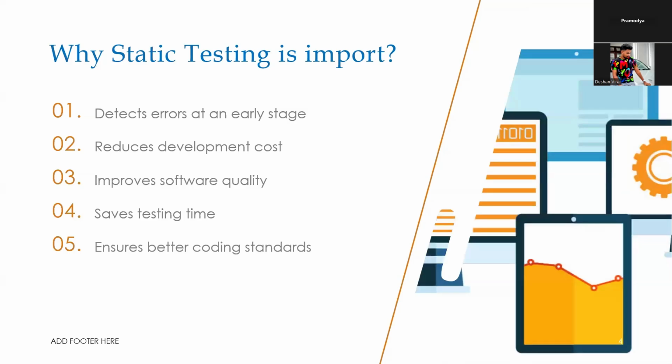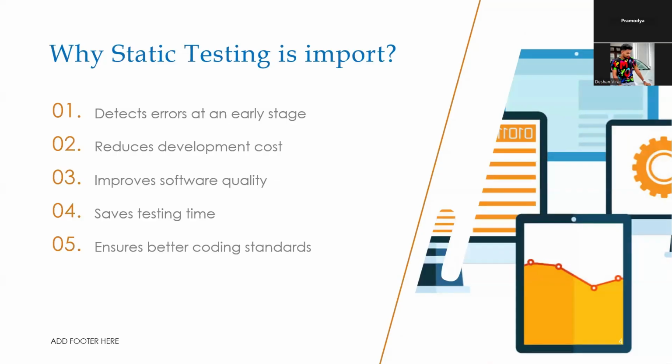So next is why static testing is important. We have 5 points. One, detects errors early. Two, reduce development cost. Three, improve software quality. Four, saves testing time. And last one, five, better coding standards.